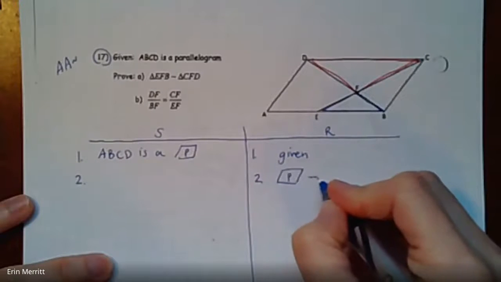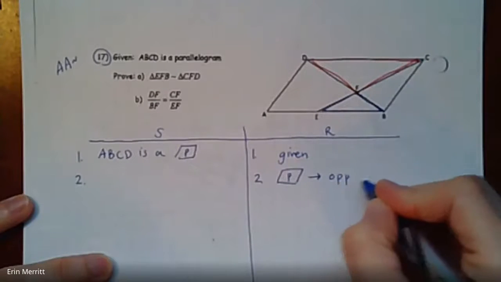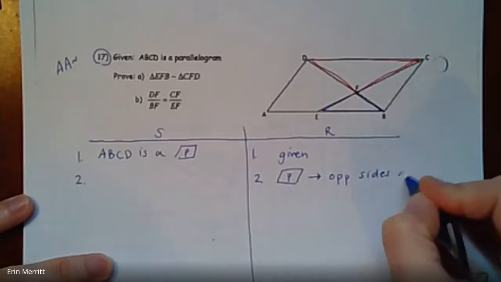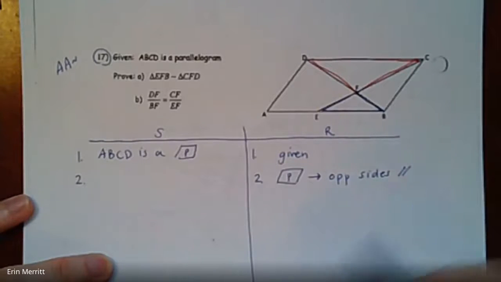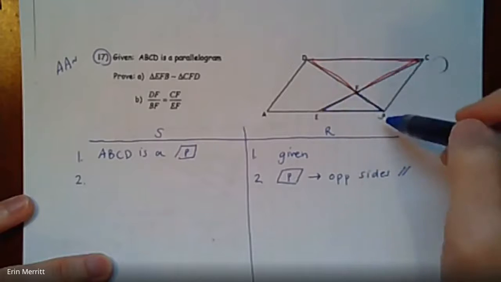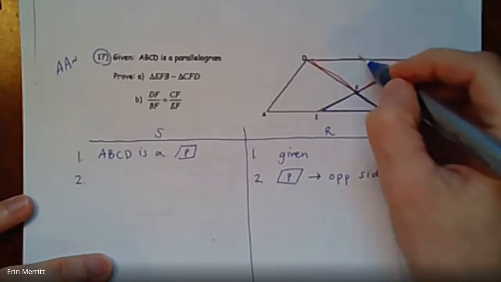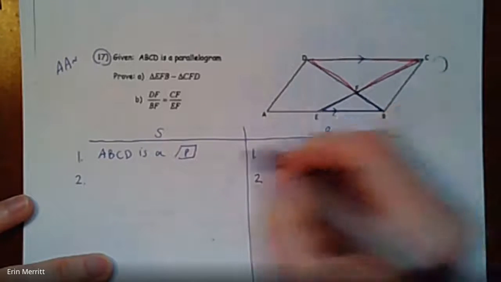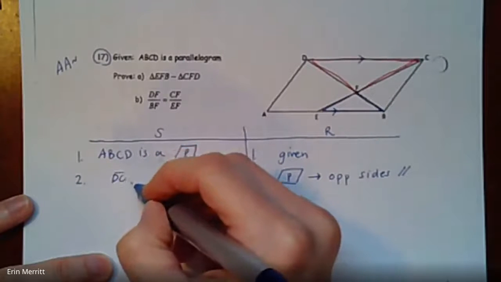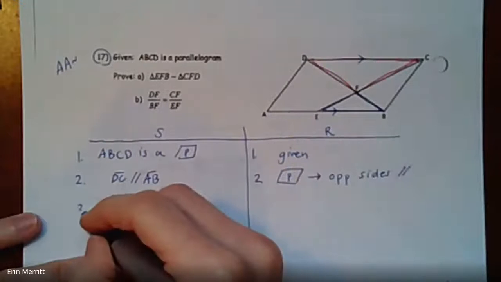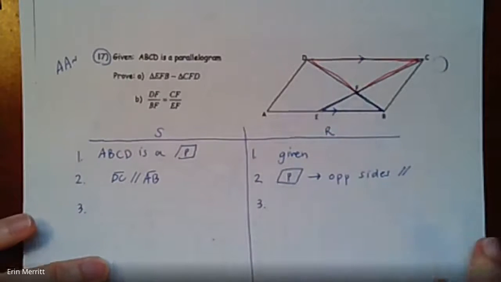Parallelogram inherently has opposite sides parallel. So the sides that I care about are the ones that are in the triangles themselves. So that would be DC and then AB. You can mention the other two sides, AD and CB, if you like, just to cover your bases.